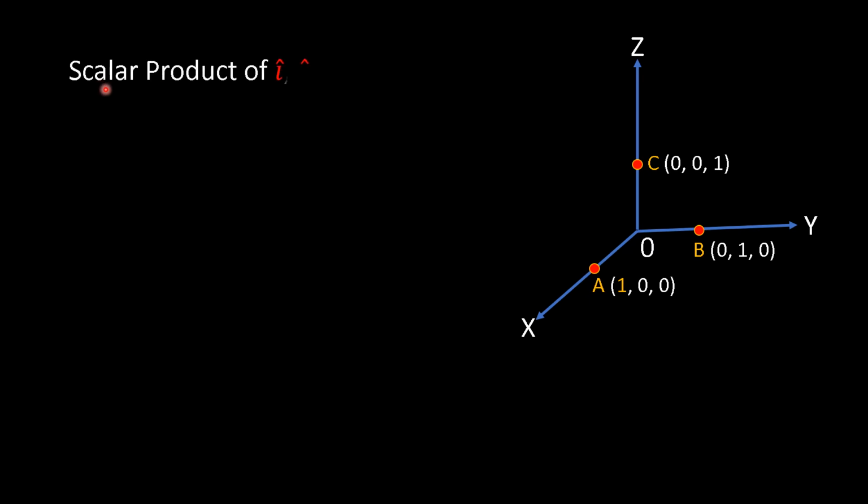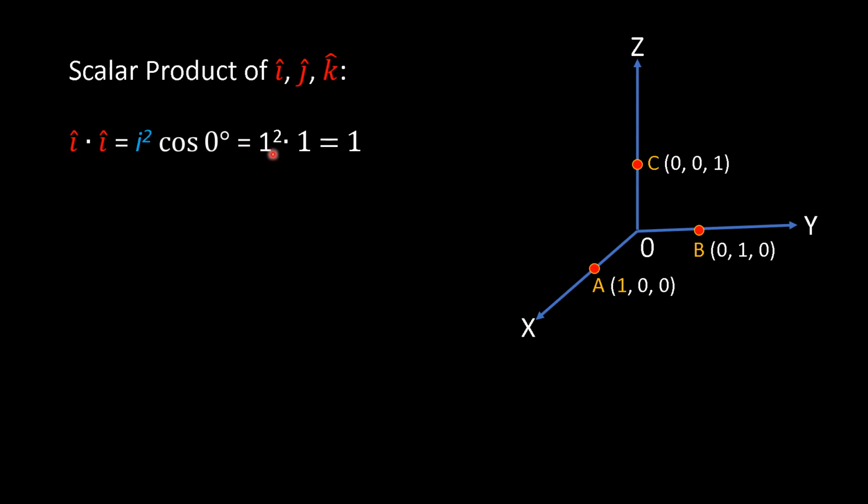Let us see scalar product of i cap, j cap, k cap. First, i cap dot i cap will be i squared cos 0 degrees because the angle between the same two vectors is 0 degrees.